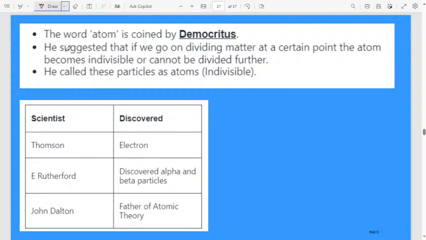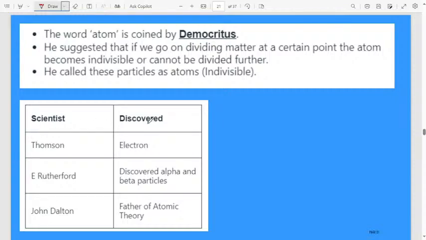He suggested that if we go on dividing matter, at a certain point the atom becomes indivisible, cannot be divided further. Yes, the atom itself is the smallest unit. You can't divide the atom. He called these particles atoms, which are indivisible.